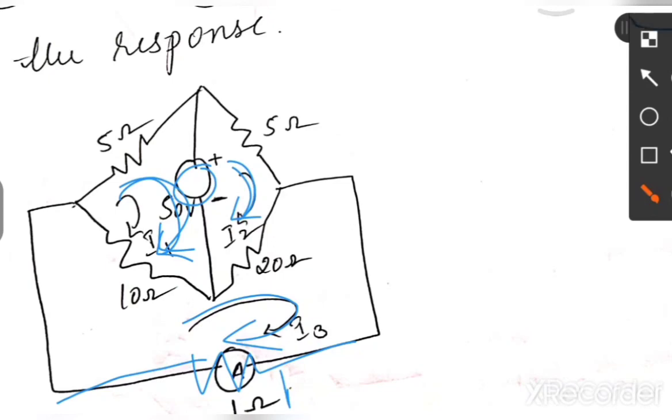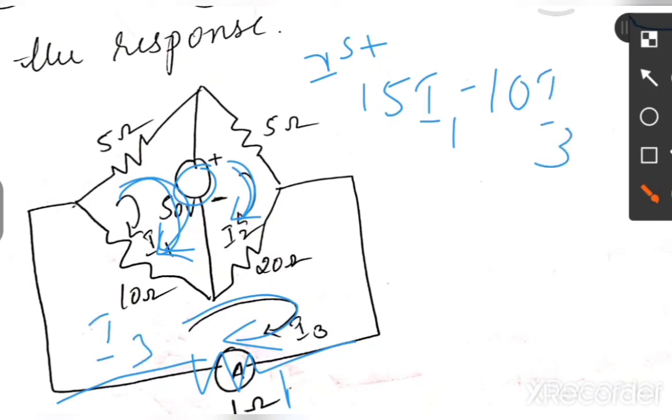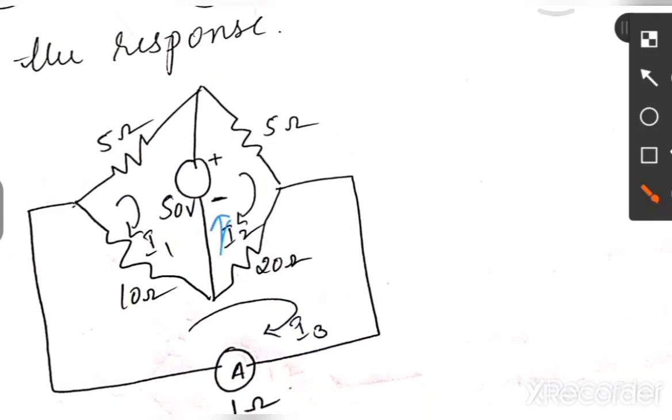Okay. Now we'll apply first loop. KVL is, so write it directly, that is 15 I1 minus 10 I3 equal to, plus sign you are reaching, so it should be equal to minus 50. Let's call this equation number 1. Second equation. Let's start moving from this voltage source.